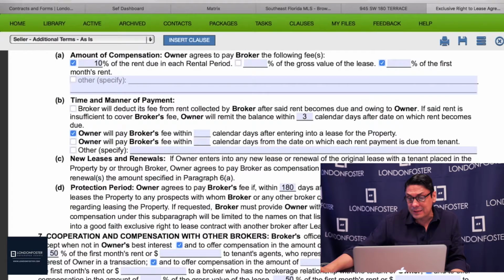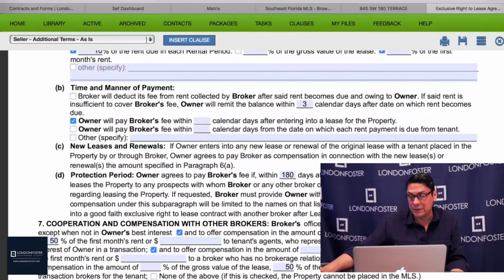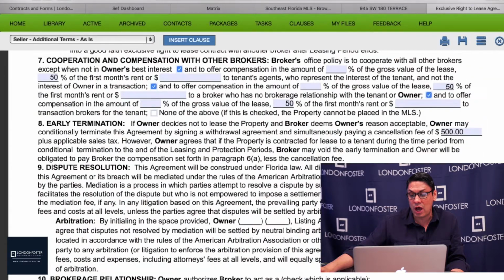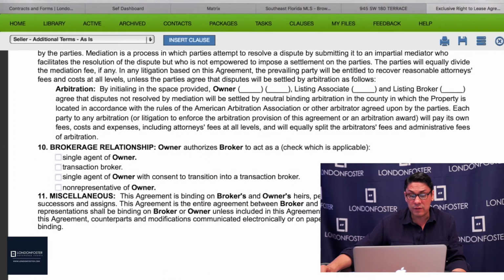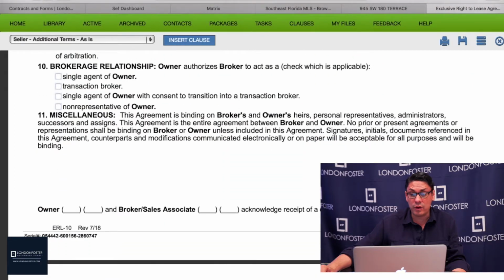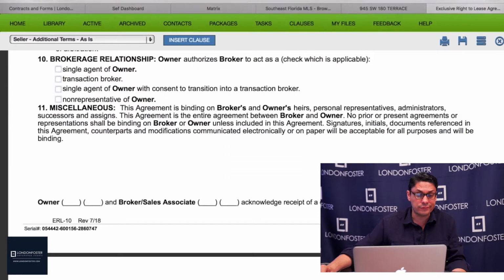Again, this is debatable, but this is the most common one, a $500 cancellation fee, and that simply is to cover your photography or any kind of advertising you've done. This last section has to do with dispute resolution. If there is some kind of dispute on any of the terms here, we agree to go to arbitration and not hurt each other.